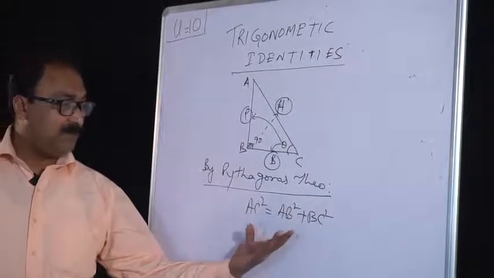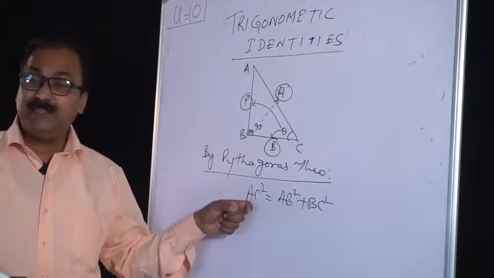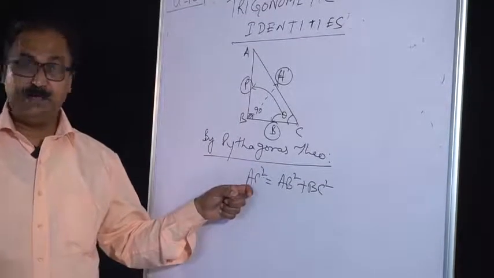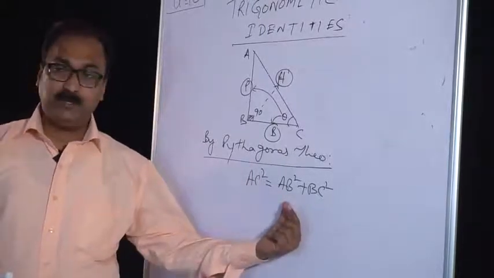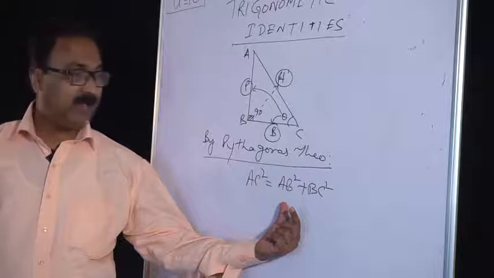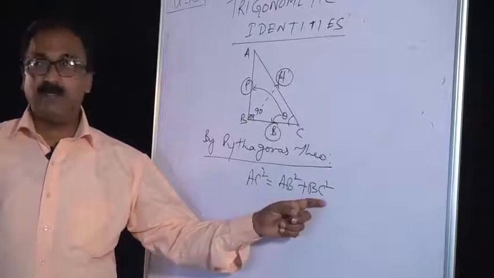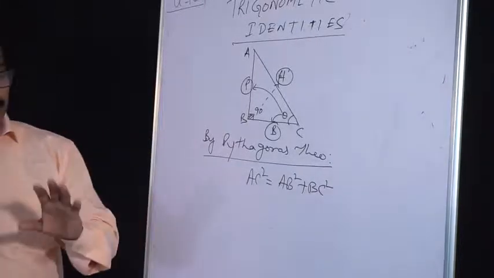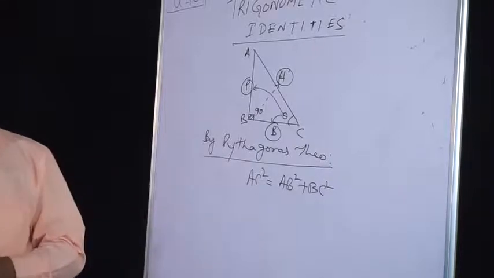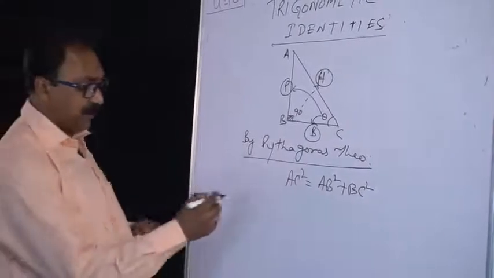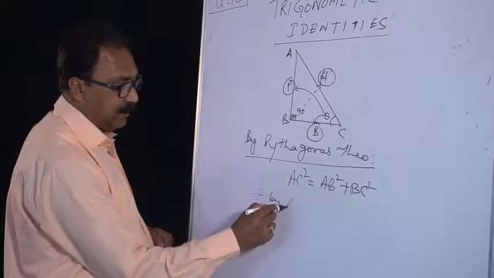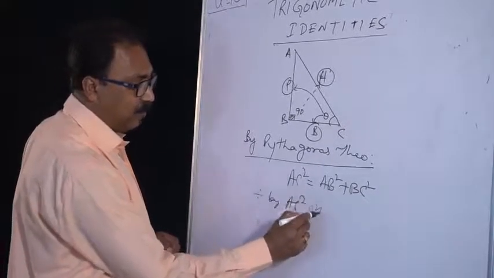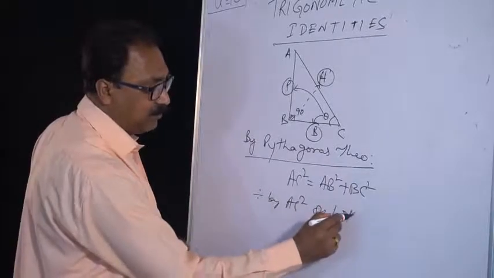If we divide this equation by AC square, you will get one formula. If we divide throughout by AB square, we will get another formula. If we divide by BC square, we will get another formula. So from these three formulas we can get further formulas. So what we will do here? First of all, write dividing by AC square on both sides.